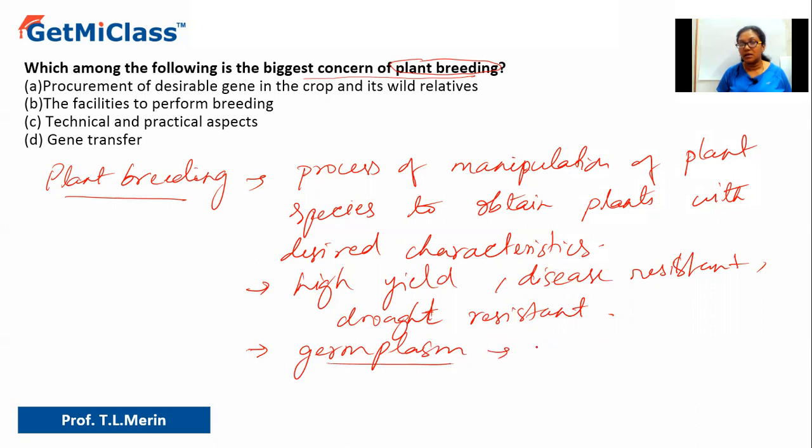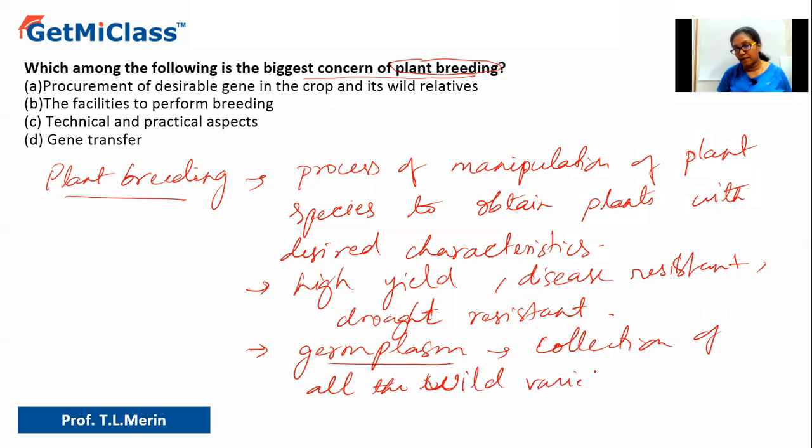Germplasm is nothing but the collection of all the varieties, all the relatives, the wild varieties and their relatives.